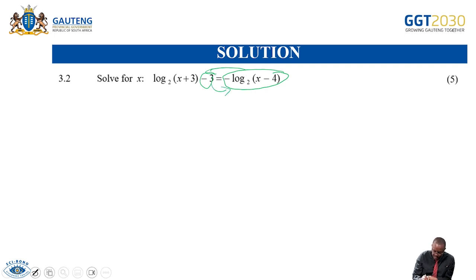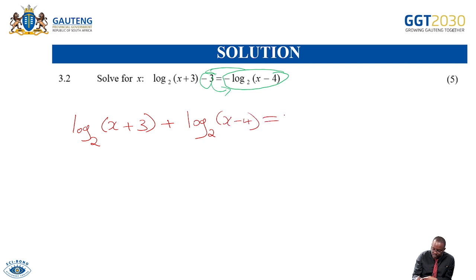So we write: log base 2 of x plus 3, plus log base 2 of x minus 4 is equal to positive 3. Then we take it from there.